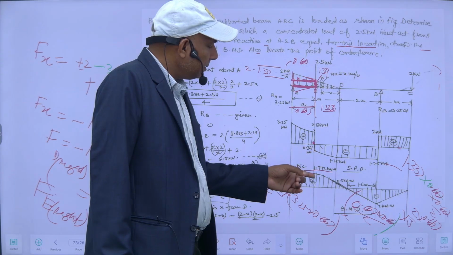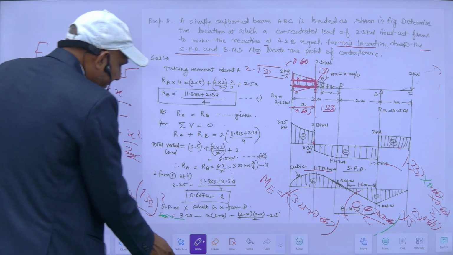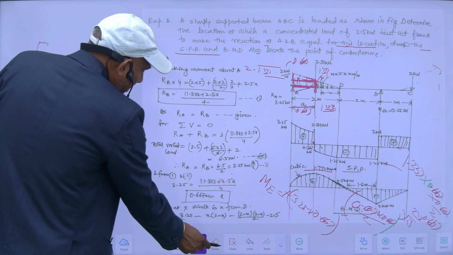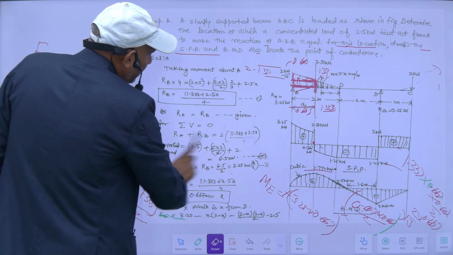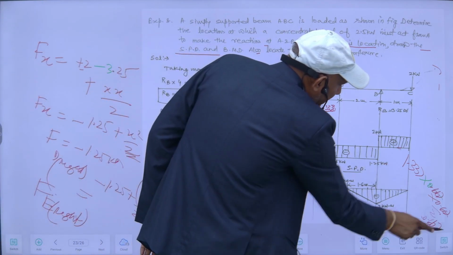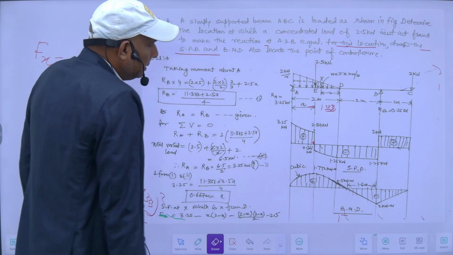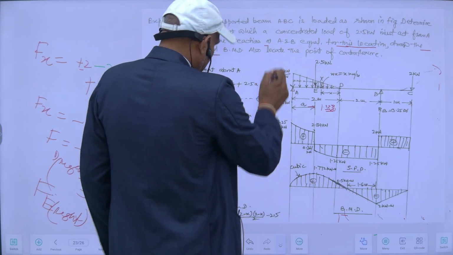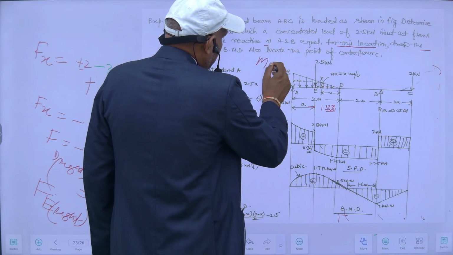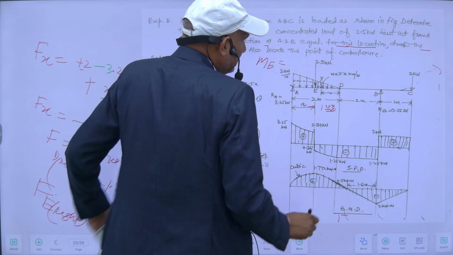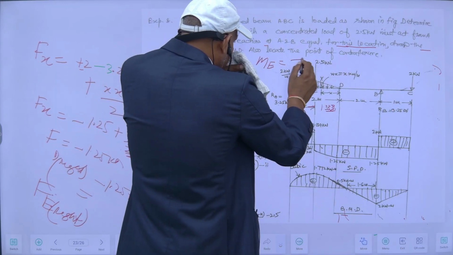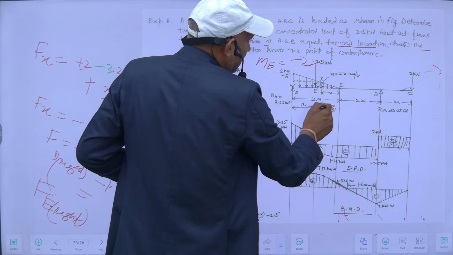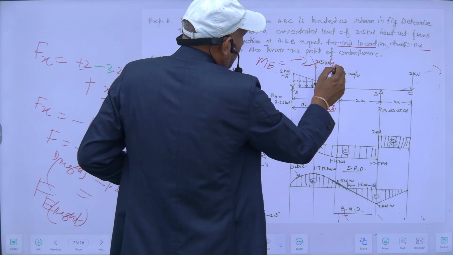I can also find the bending moment from this side also. That will be, I think, easy. If I want to know the bending moment from this side, then ME is equal to, from this side, hogging minus 2 into, this distance is 3 plus this, so it will be 4.333.